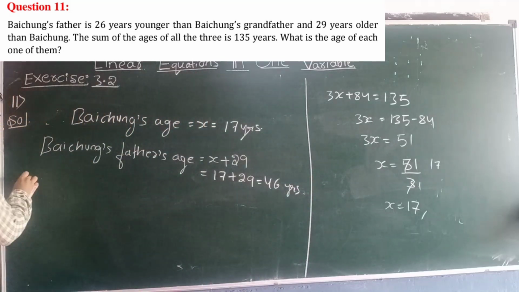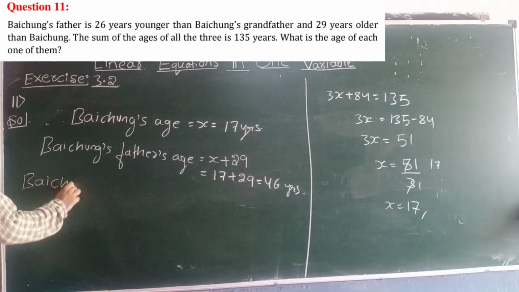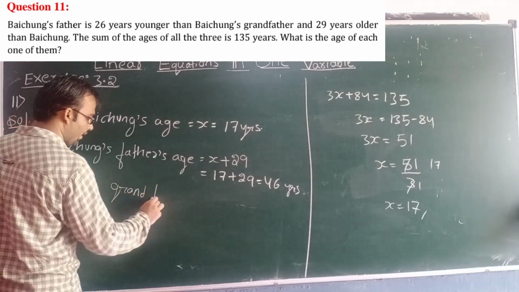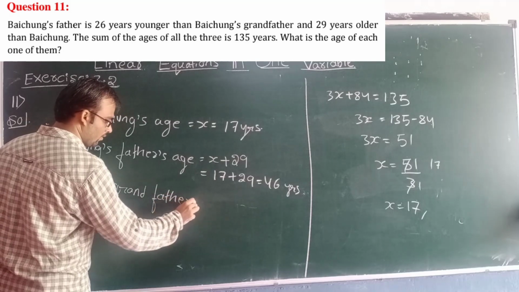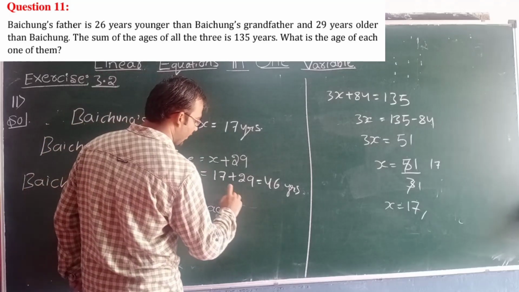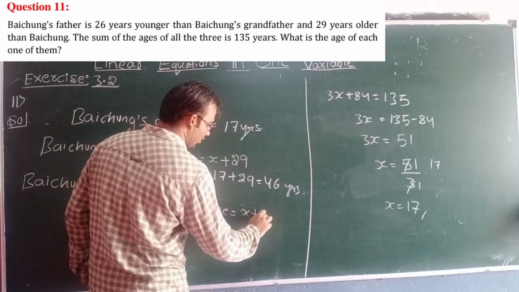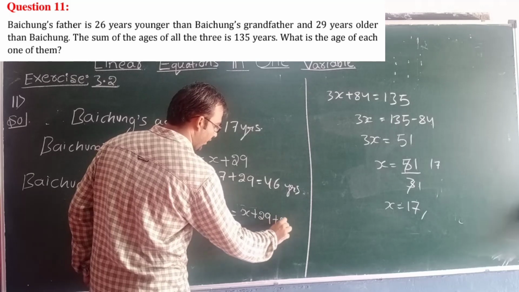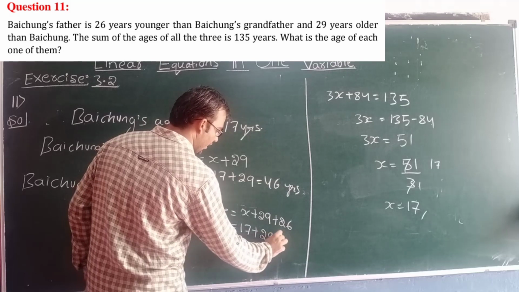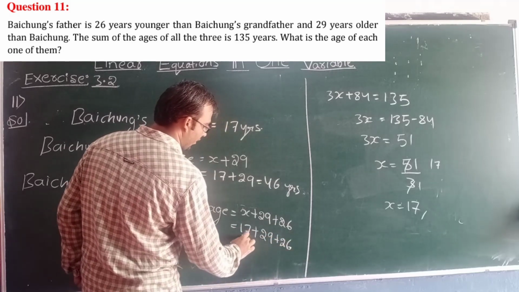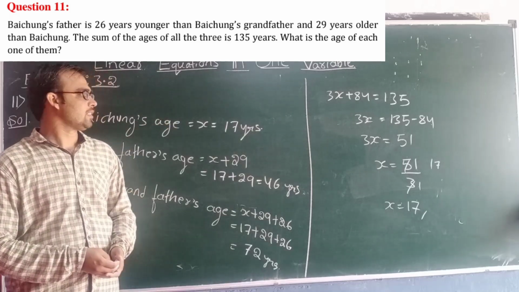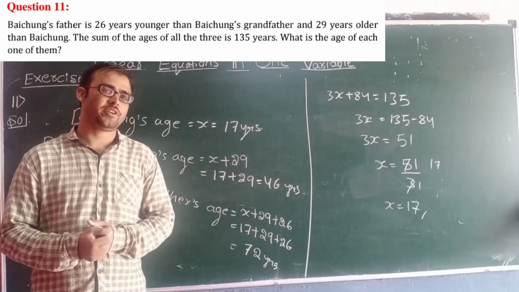Now Baichung's grandfather's age equals x + 29 + 26, that is 17 + 29 + 26. How much is that? 72. So what are their ages? 17, 46 and 72 years.